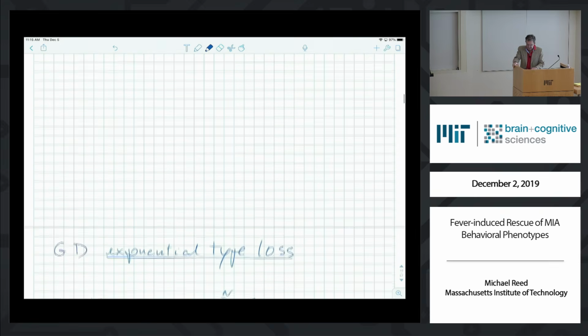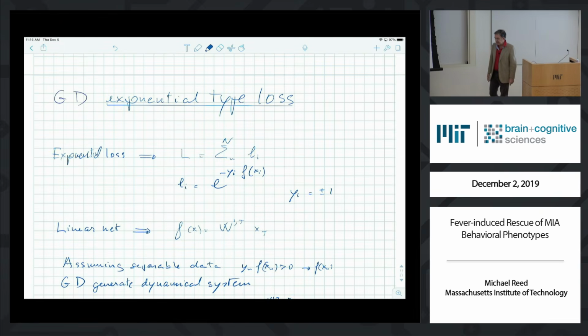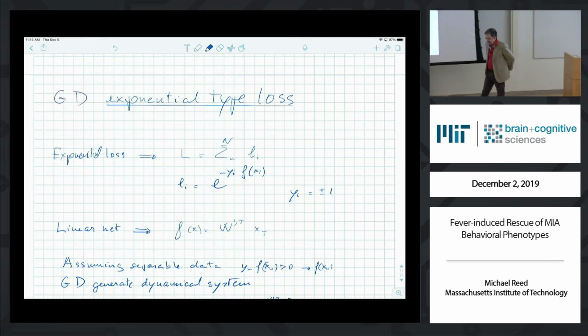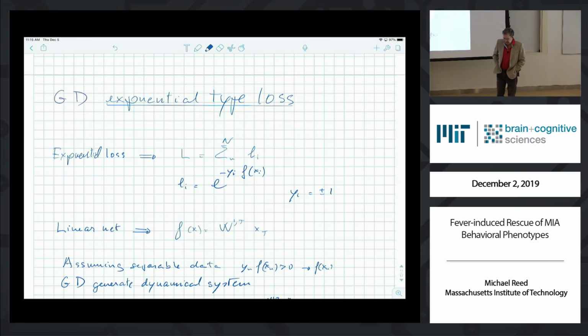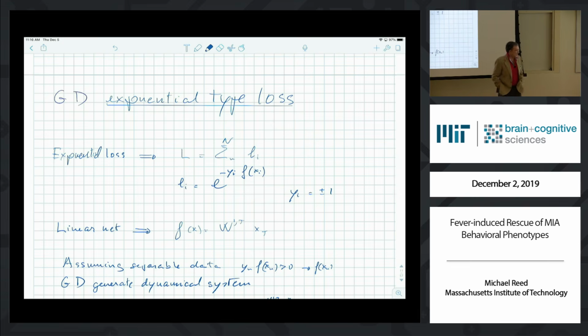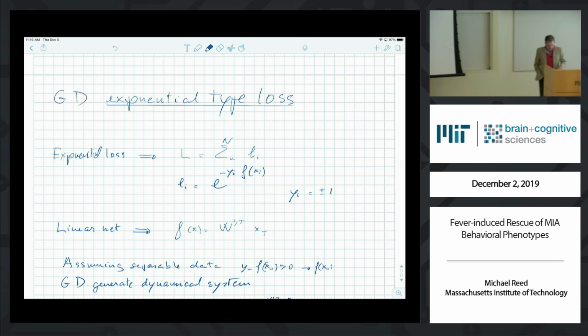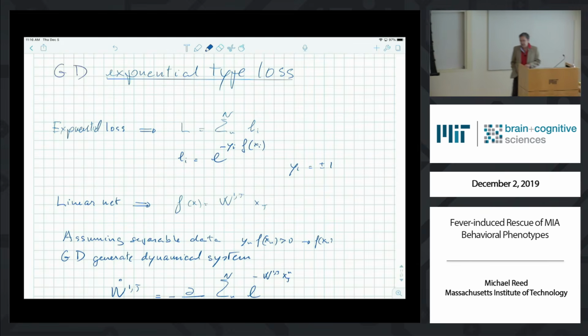In the last year or so there's been quite a bit of activity of people looking at deep networks under the square loss, for instance, with results like the neural tangent kernel and so on. But today I'm going to speak mostly about exponential type losses.